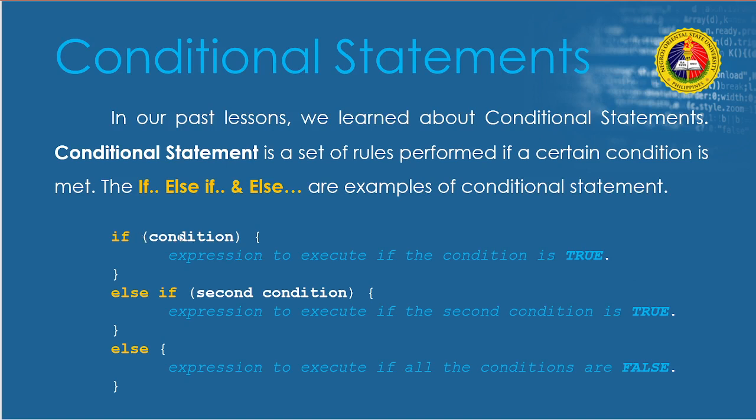However, if the statement is false, we can create another condition through the use of else if. If the else if is true, then the expression inside the else if will be executed. However, if all of the conditions are false, then the else will be executed. So that was the if and else if statement.